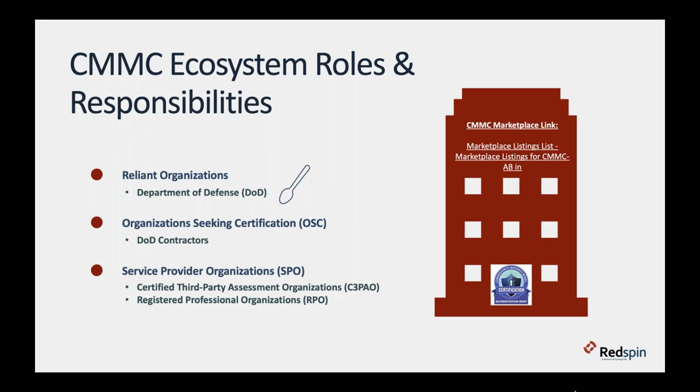But right now, we're just focusing on the DoD. We're trying to get our house in order first. The third major component is service provider organizations. These are pretty much your C3PAOs and RPAOs. They serve as the interface between the reliant organizations and the individuals performing services, and we'll talk about that on the next slide.